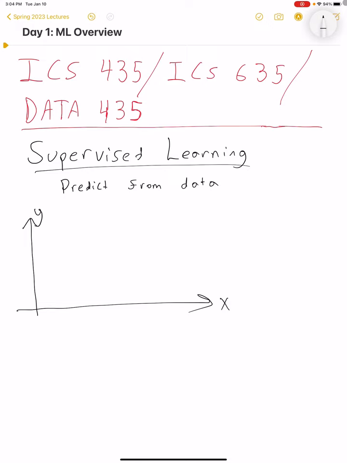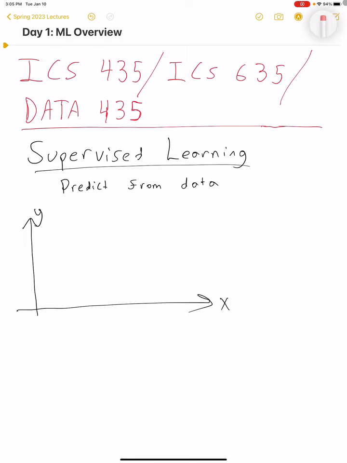Okay, so predict from data. So let's say that we're trying to build a model that's going to predict the inches of rainfall tomorrow, given the humidity today, something that people may do in weather forecasting.